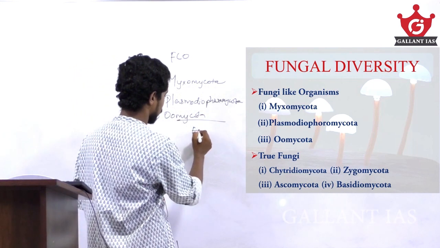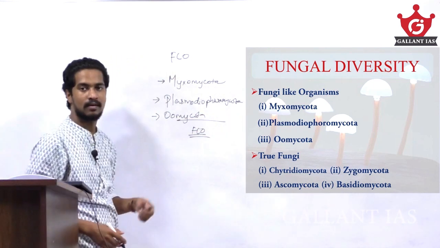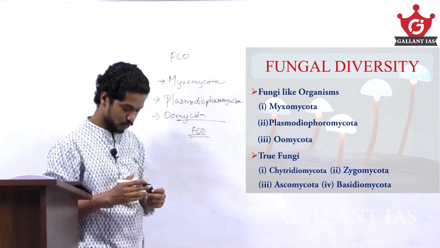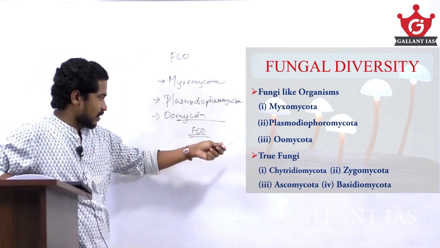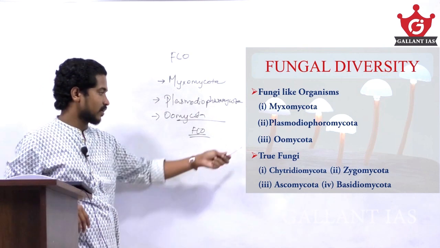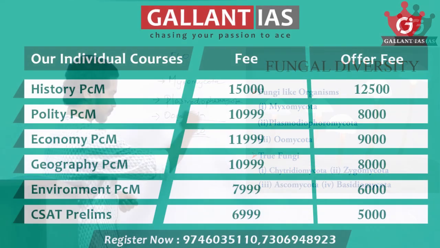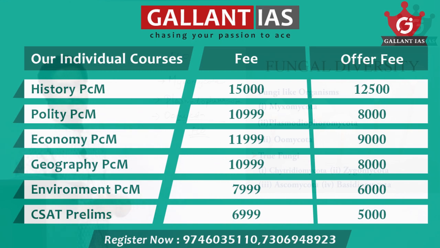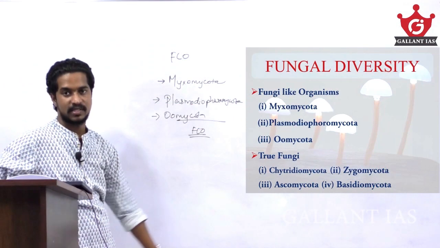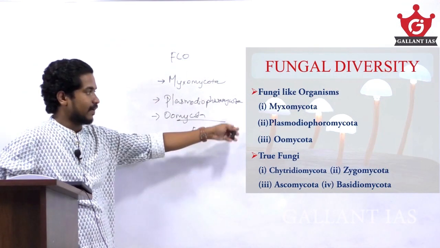These are the fungal-like organisms. And under true fungi: Chytridiomycota, Zygomycota, Ascomycota, Basidiomycota. These come under the true fungi. And one more, fungi imperfecta. So this is the fungal diversity you should have studied.